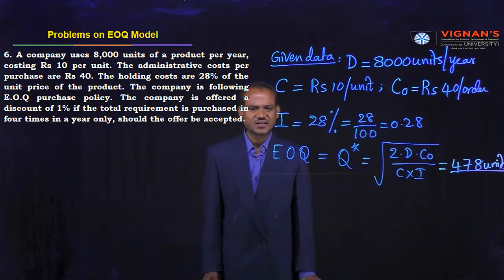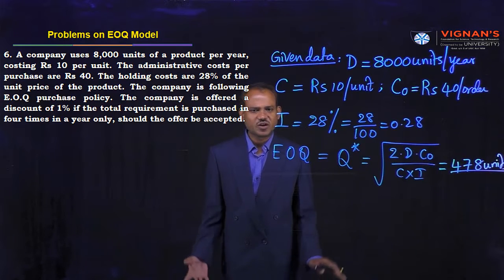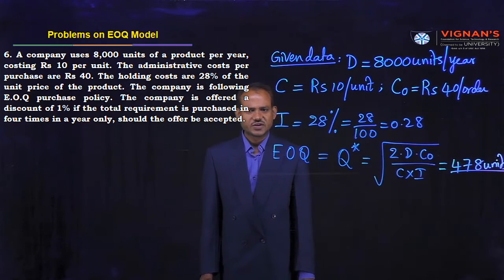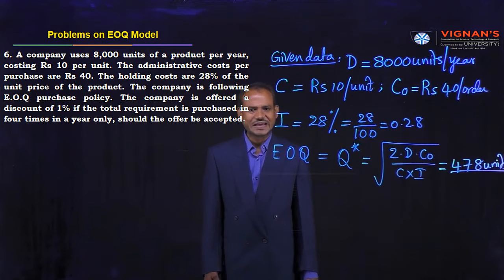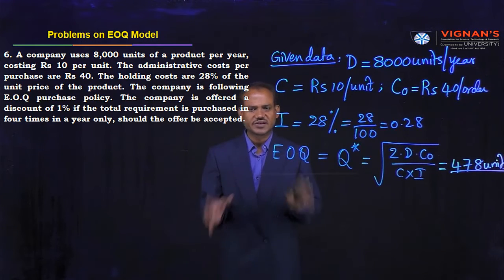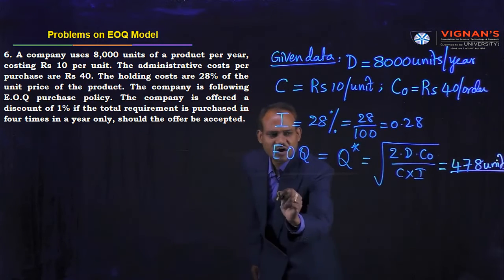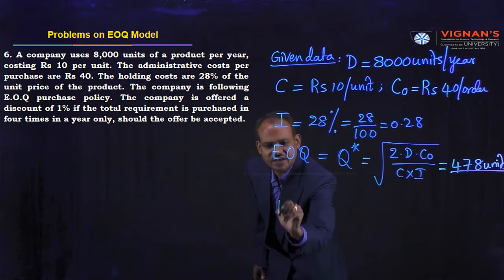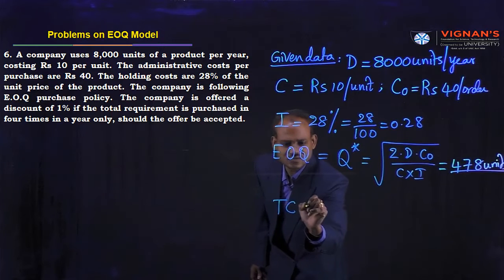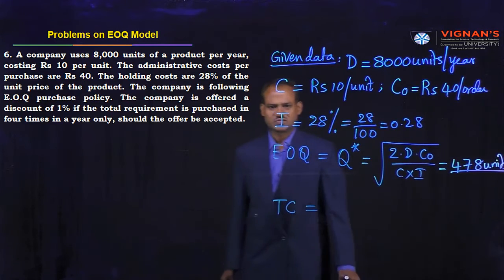That means finally he is asking, should you accept the offer or not? For taking that decision, first of all, calculate total cost in both the cases. When the EOQ is followed, what is the value of total cost? First calculate total cost.